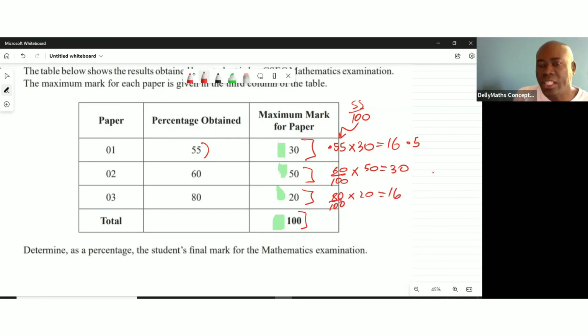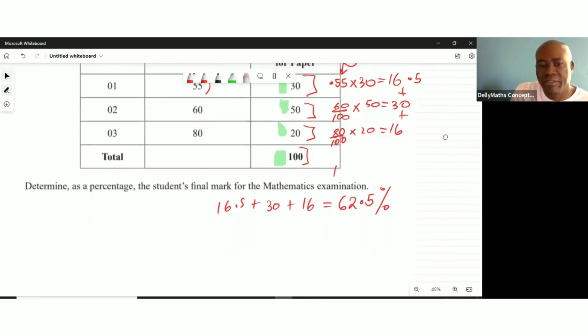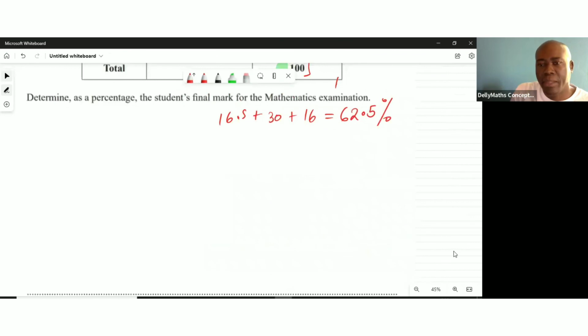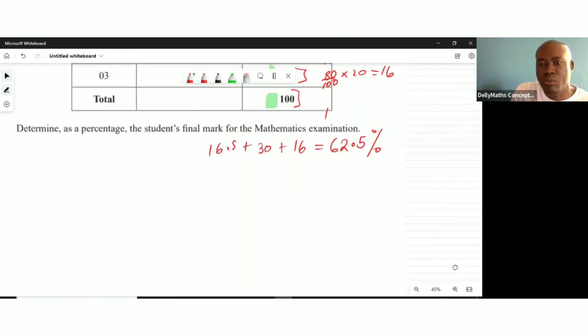So then what we need to do is to add everything up. We're talking 16.5 plus 30 plus 16. We add that all up, we'll get 62.5%. So the person would have gotten 62.5% on the exam. And there you would have collected your 2 marks there.